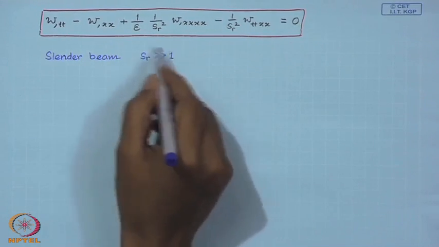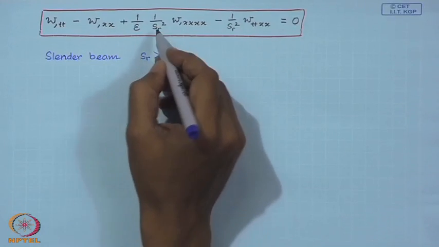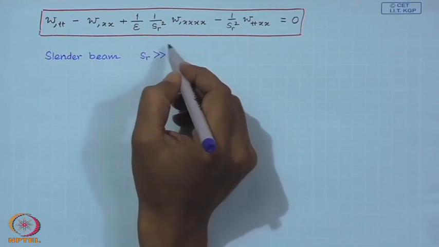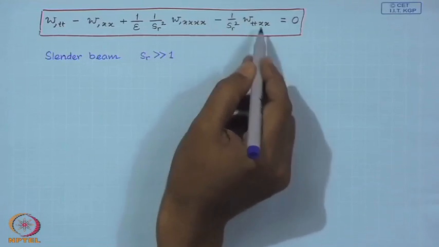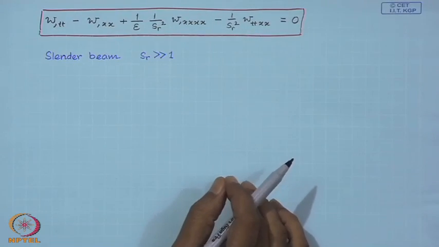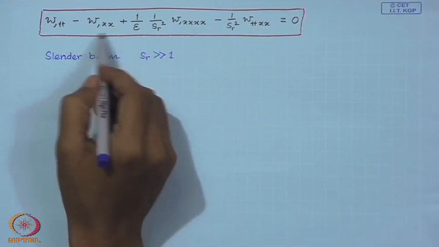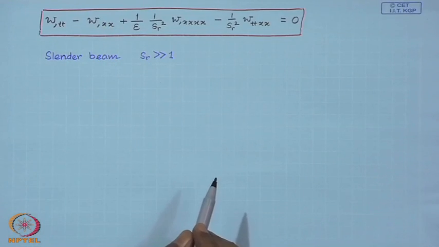When the beam is very slender, this is very large, and therefore these terms can be dropped in comparison to this term.